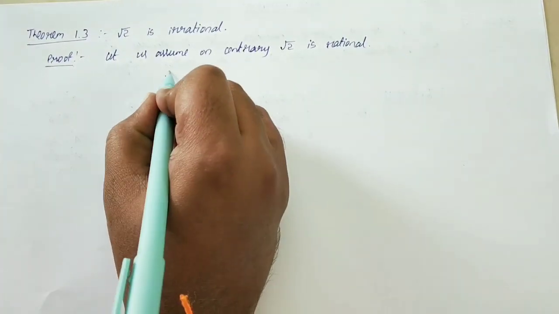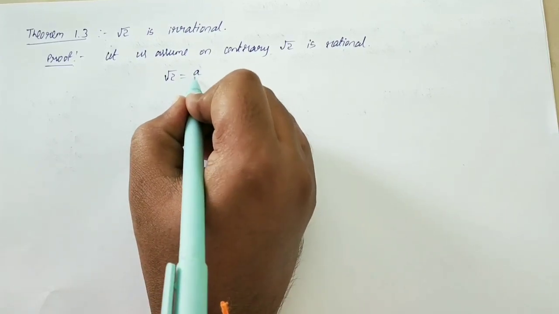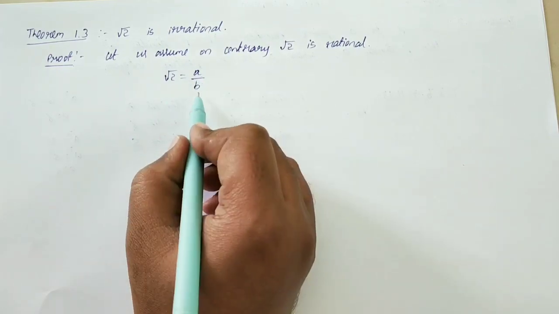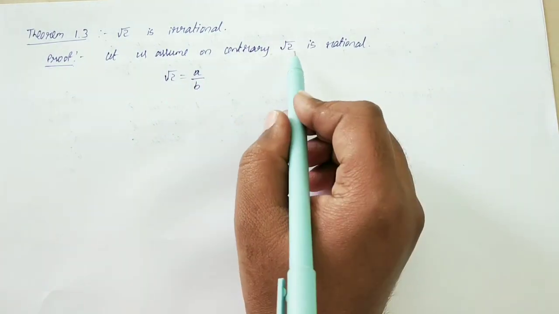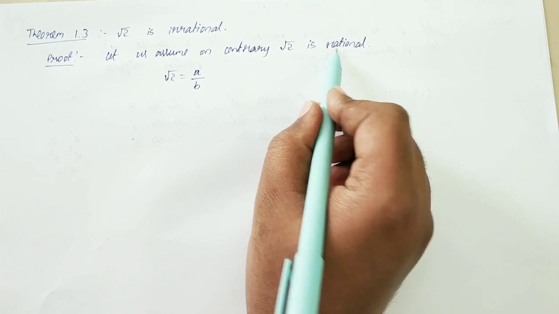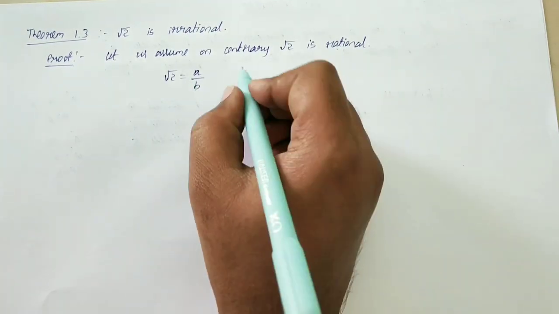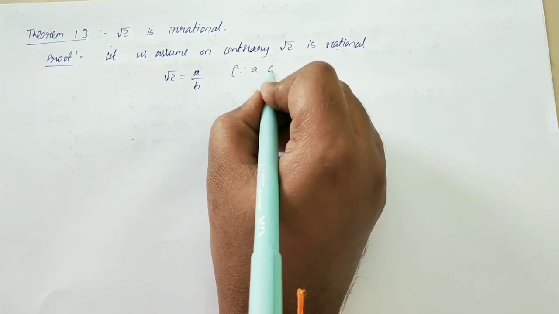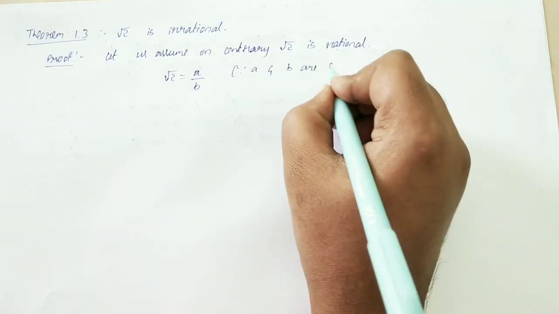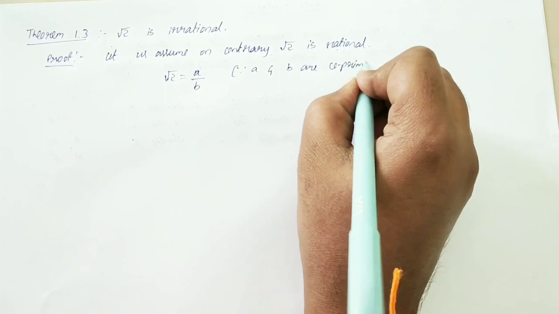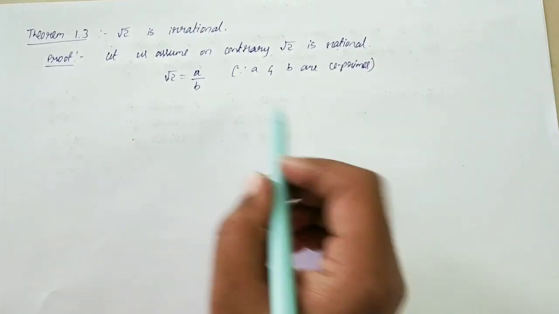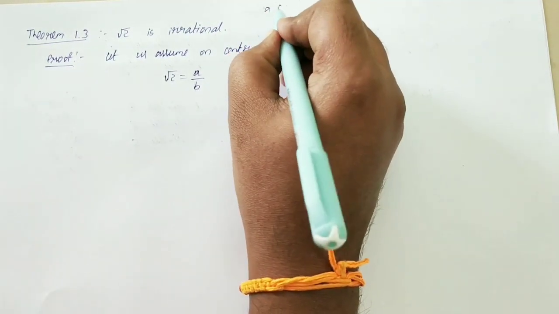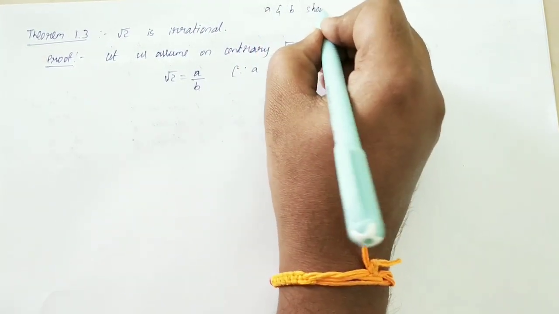So rational means root 2 can be written as A by B. Since we took root 2 as rational, root 2 can be written as A by B. But there is one condition: A and B are co-primes. What do you mean by co-primes? Co-prime means both A and B should have only the common factor 1.